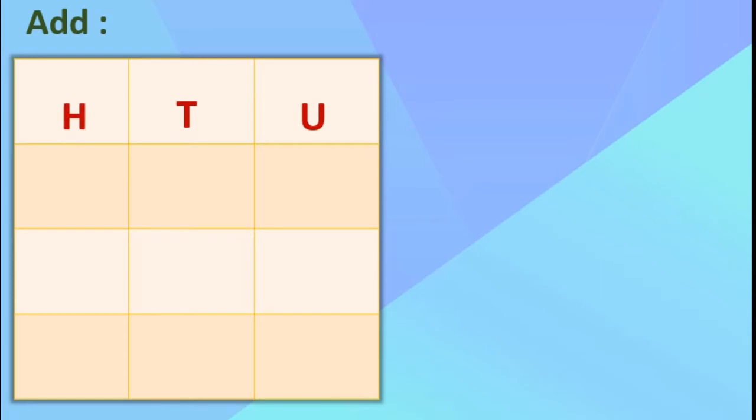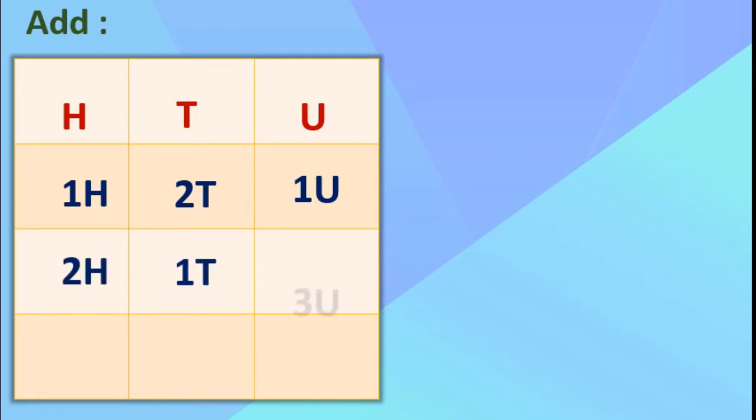Now dear students, I will write here 1 hundred, 2 tens, 1 unit, and 2 hundreds, 1 ten, 3 units. We will add this, so we give a plus sign. Now we will add from the unit place: 1 unit plus 3 units means 4 units, 2 tens plus 1 ten is 3 tens, 100 plus 200 means 300, correct?